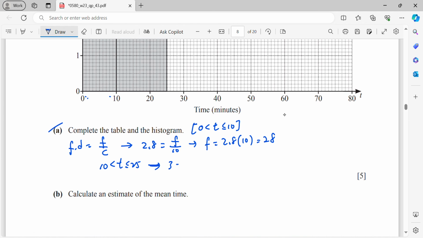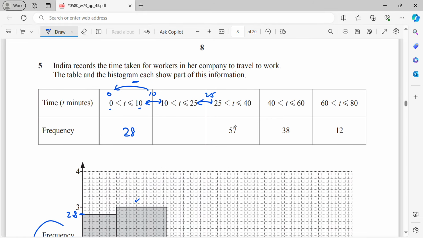So it will be 3 equals f over the class width, C is the class width. My class width is obviously 25 minus 10, which is 15. That means my f is going to be 3 times 15. Then you will be getting 45. So therefore, in my table, I have to write 45.